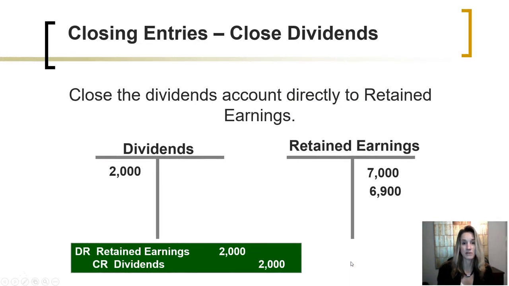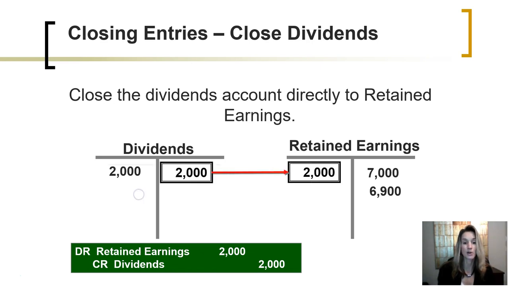The fourth and final closing entry is to close out our last temporary account, which is dividends. In the general ledger, we'll see that dividends is sitting with a debit balance of $2,000. To close out that debit balance, we are going to credit that account, and we are going to transfer it directly to retained earnings. Revenues and expenses were initially closed to income summary, and then income summary was closed to retained earnings.